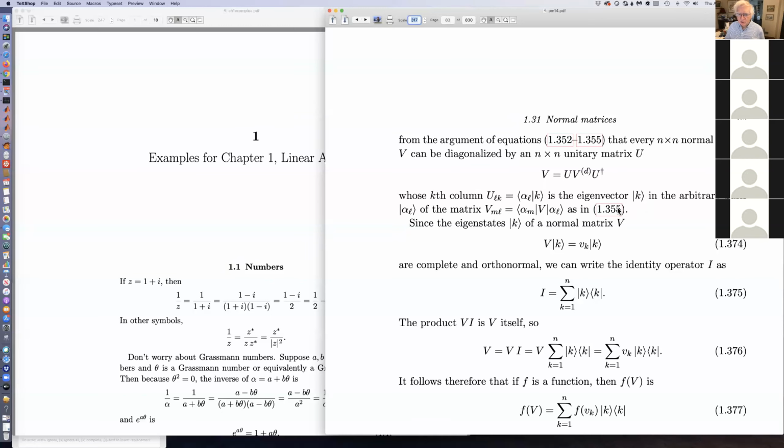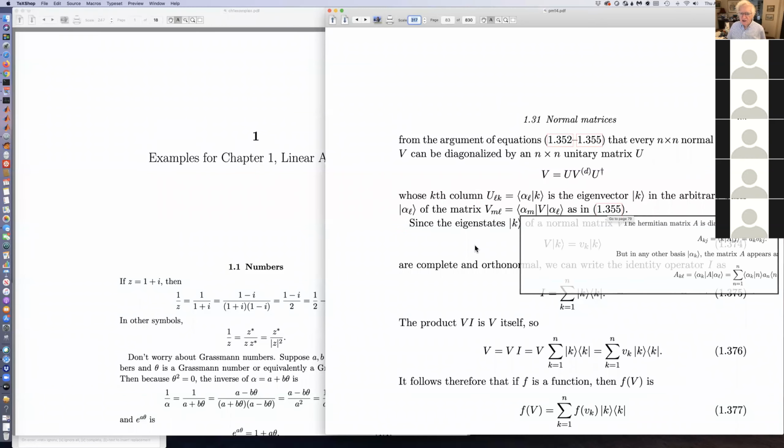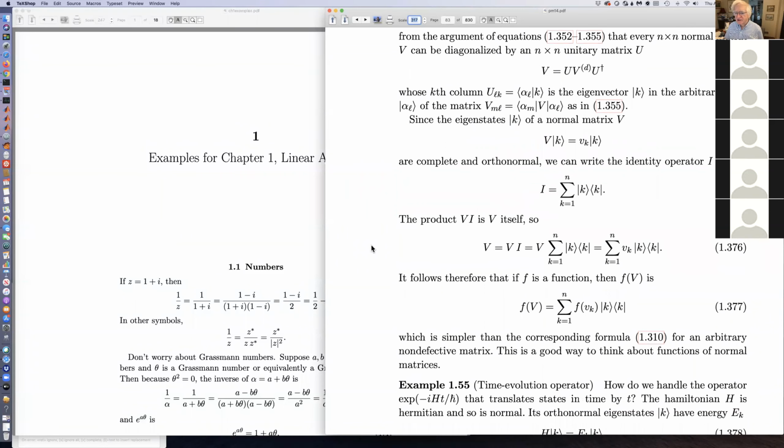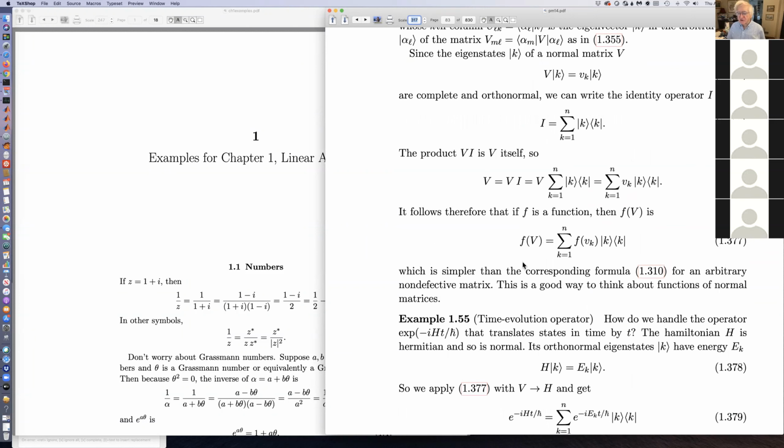And we're referring back to this equation. Since these are complete and orthonormal, we can write the identity operator this way and multiply the identity operator by V. We get this expression.